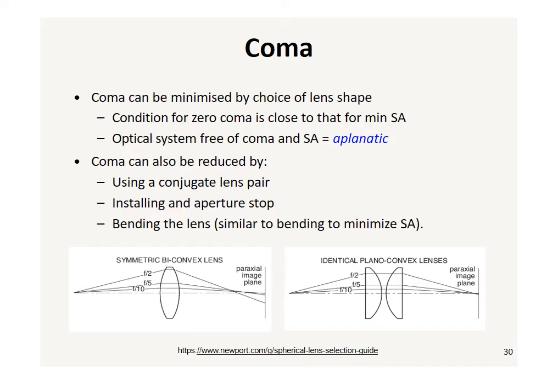So can we get rid of coma? Yes, of course we can, and in a lot of circumstances we should. So if we look at our little coma diagram like this, that's our 60-degree apex and there's the Gaussian image point, then this distance here is our tangential coma.